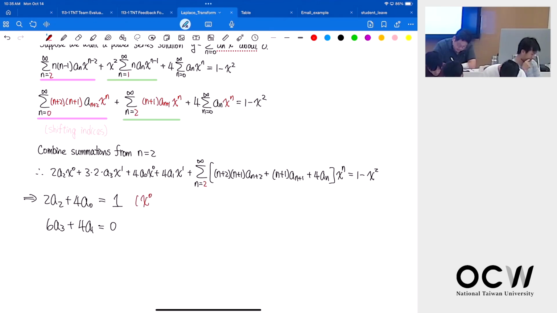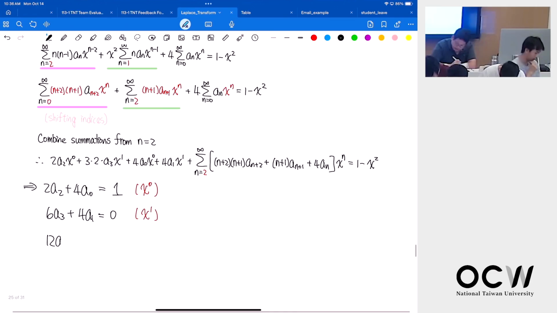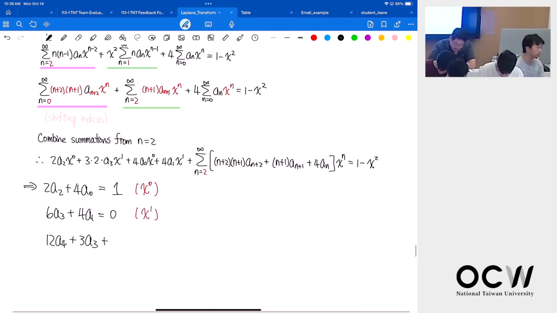So this one is for x to the 0, this one is x to the 1, and next is x to the 2. So when n equals 2, I have 12a4 plus, when n equals 2, 3a3 plus 4a2, that's minus 1.